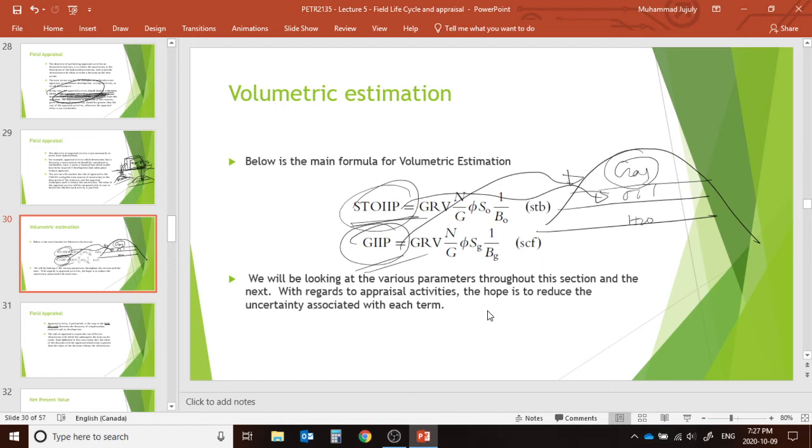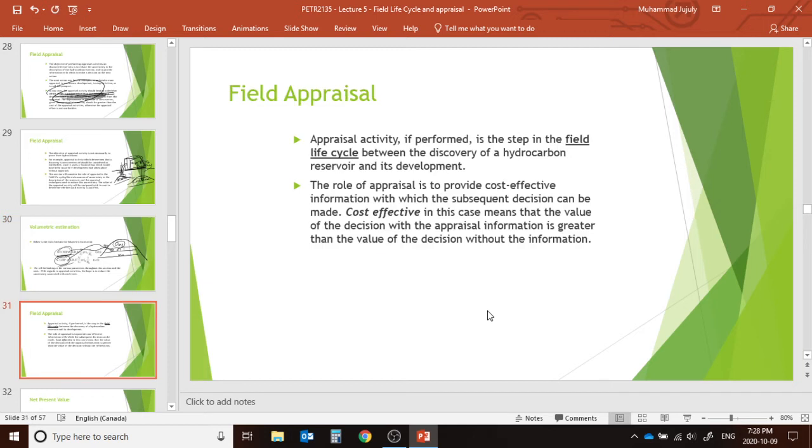Now the closer the estimation you have, the better understanding, the better decision you'll make. So the appraisal activity uses these formulas and all other tools and methods to try to quantify how much it really has.